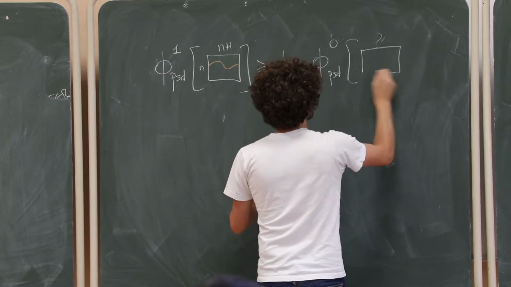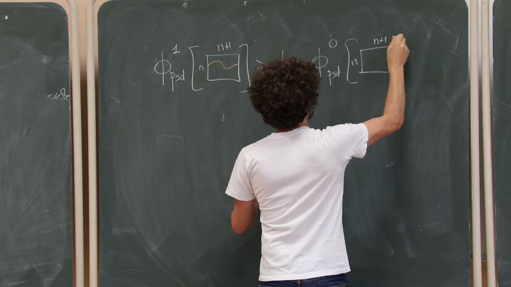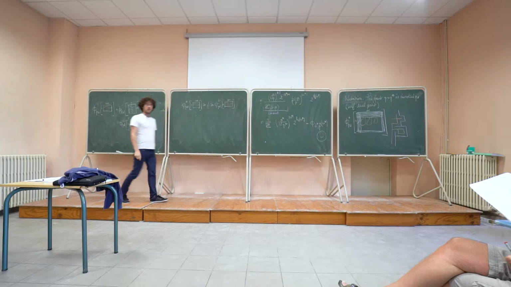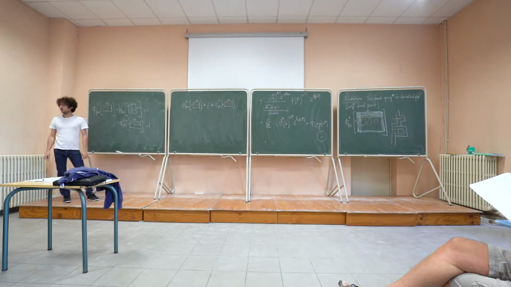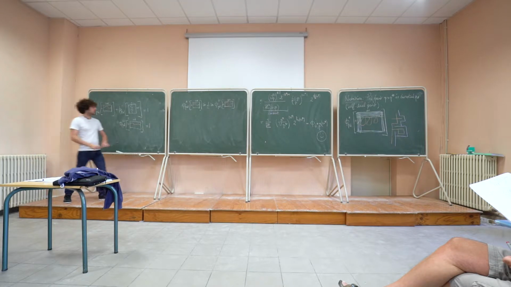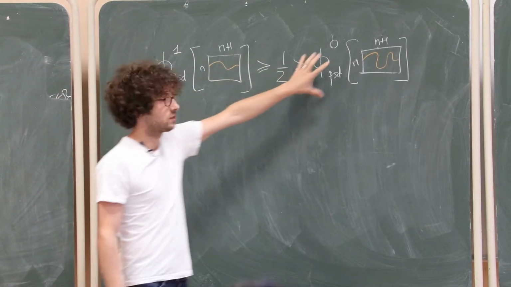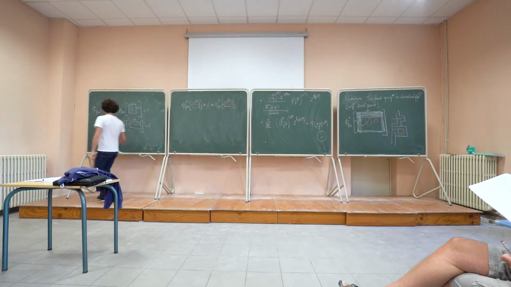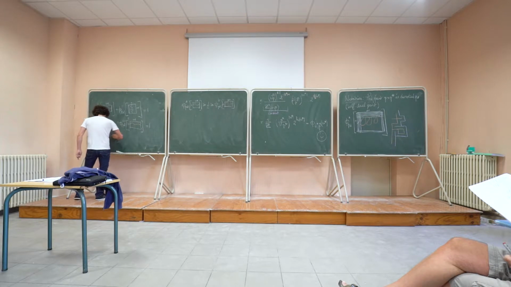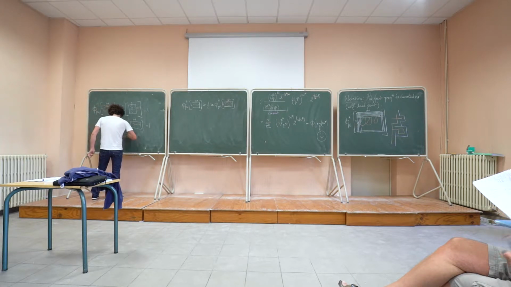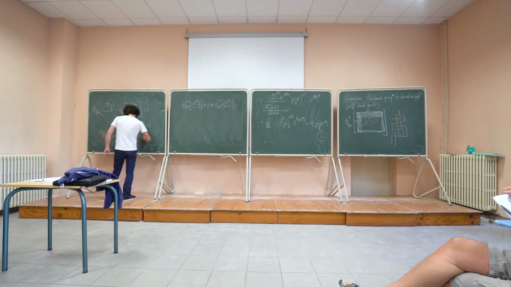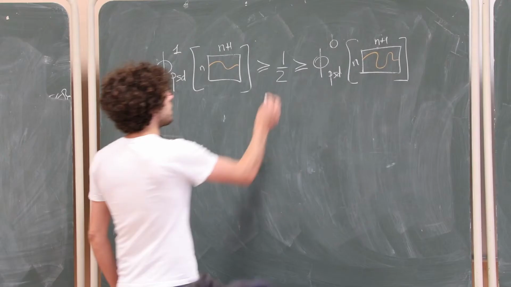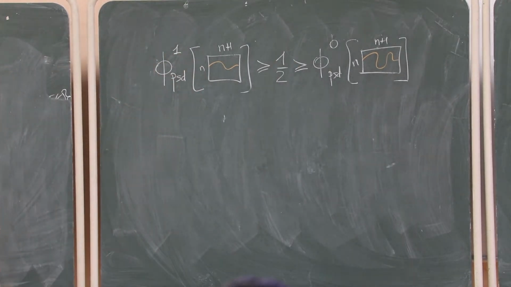At this stage, we don't know that they are equal to 1/2, because the free and the wired boundary conditions could be different. Here the only thing I use is that this measure is bigger than this one by monotonicity in boundary condition. So by monotonicity, I obtain that. Okay?